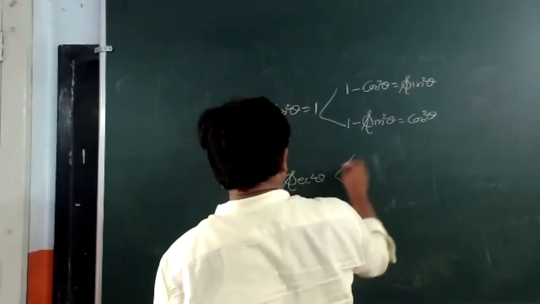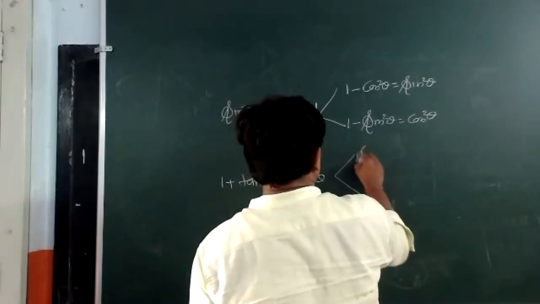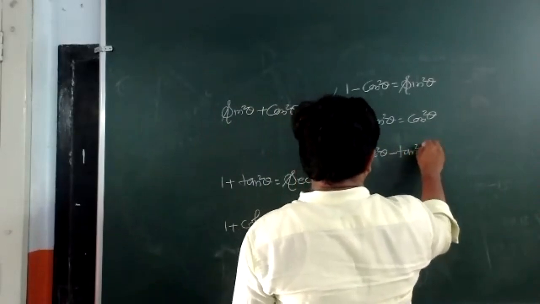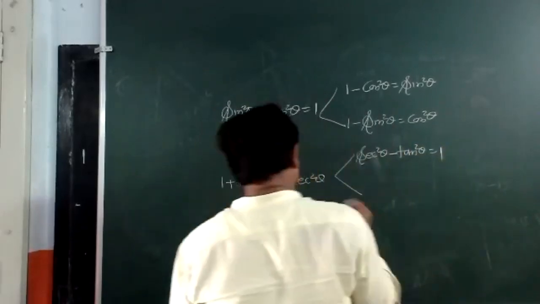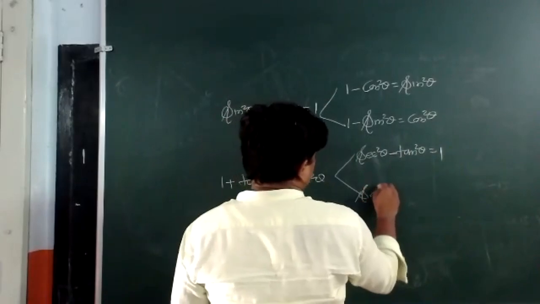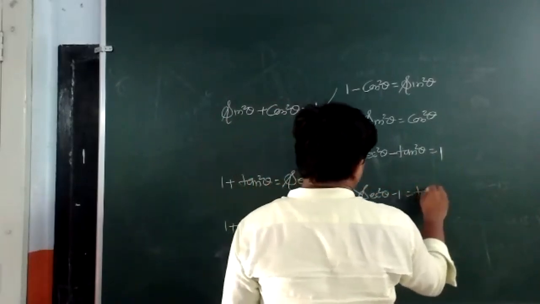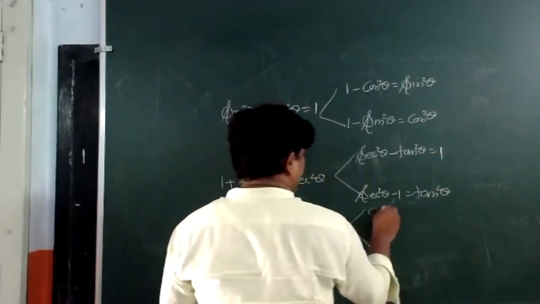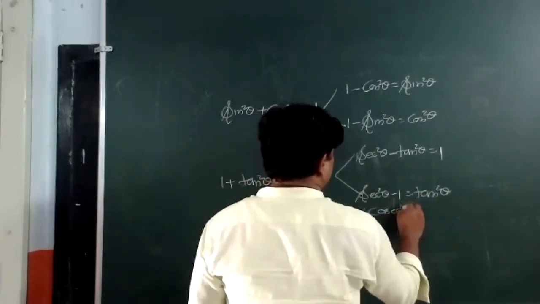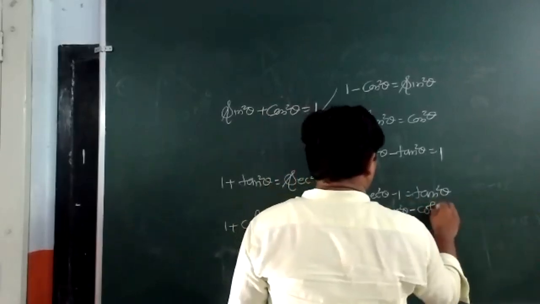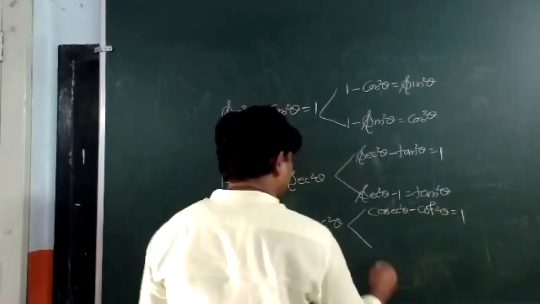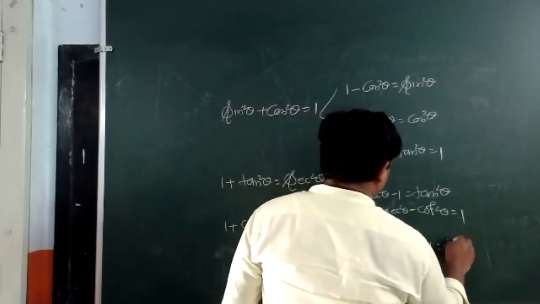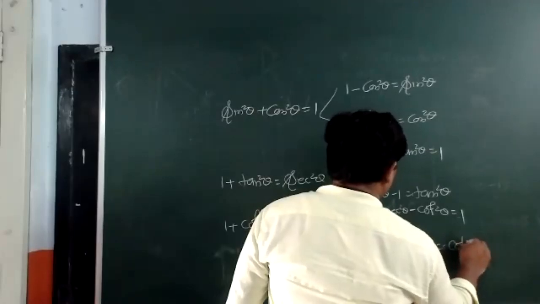Here you can see that I can write sec square theta minus tan square theta is equal to 1, and then sec square theta minus 1 is equal to tan square theta also. Here I can write cosec square theta minus cot square theta is equal to 1, and then cosec square theta minus 1 is equal to cot square theta.